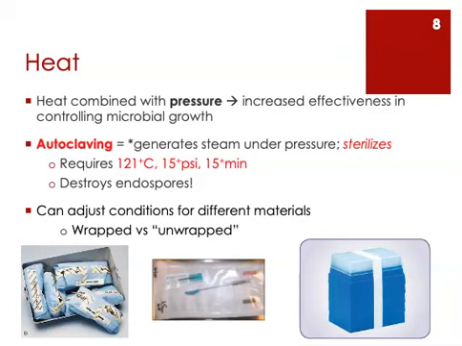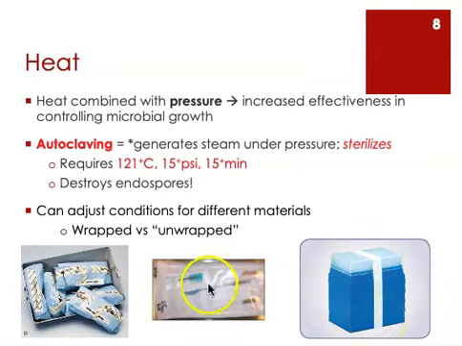So if you look at the bottom of the slide, you can see some examples of wrapped versus unwrapped items that we're trying to sterilize in an autoclave. And you'll notice that all of these things have this white tape on them somewhere.